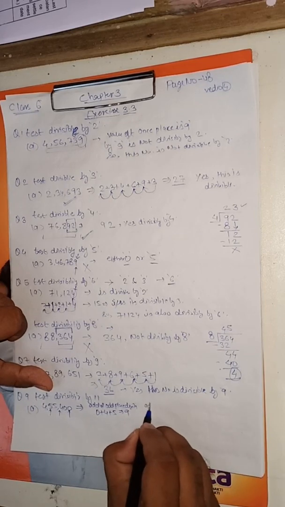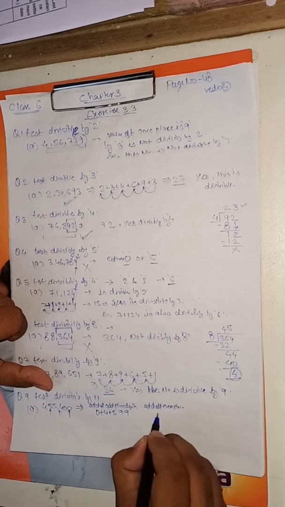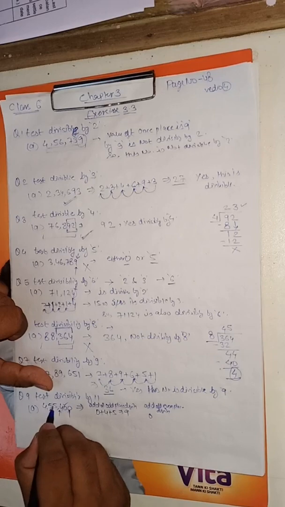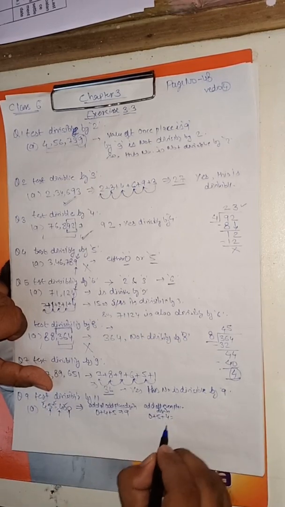Now add all even place digits. Okay, we get 0, then 5, then 4. Okay, we get 9.